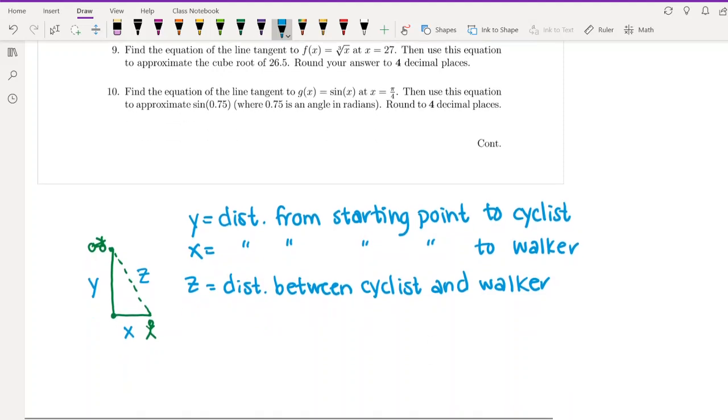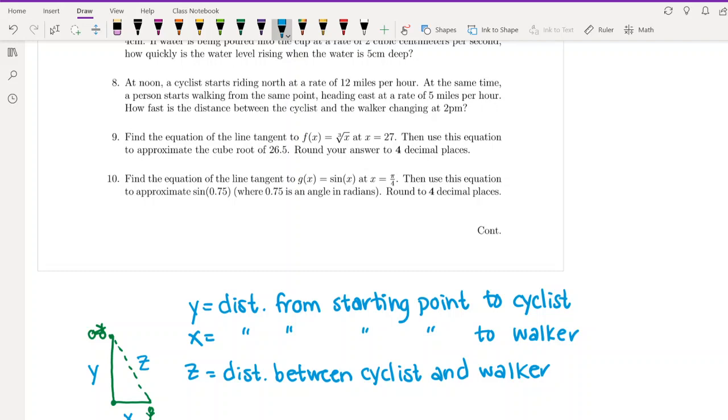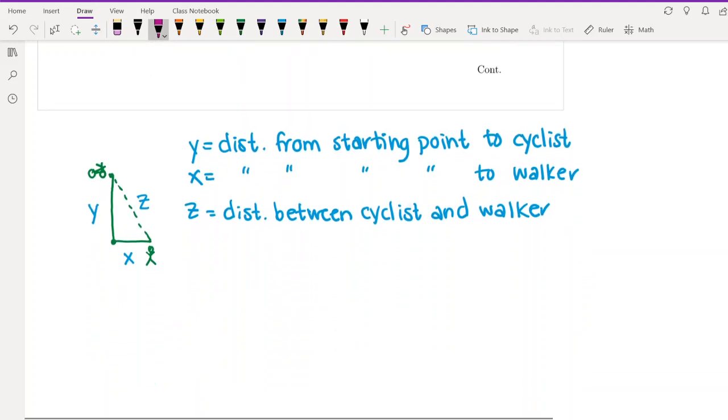So now the next thing we want to do is look at what are the rates of change in this question. If we look into the question, we see that the cyclist is riding north at 12 miles per hour, and so that means that dy/dt is equal to 12.